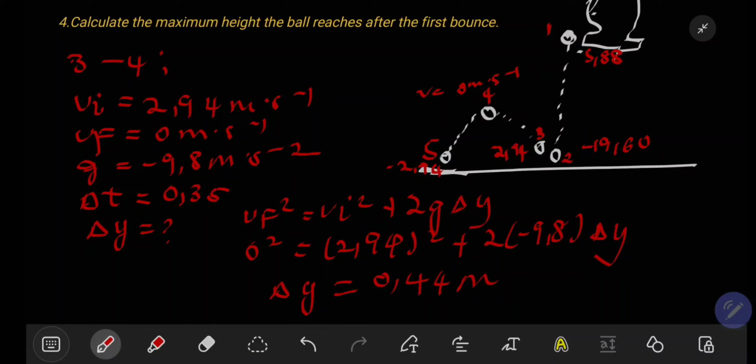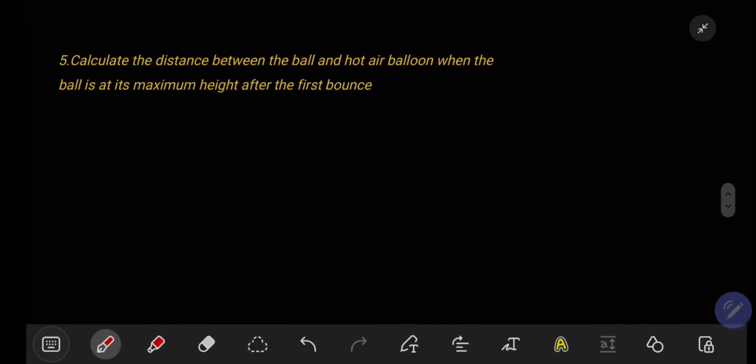Even if you use the formula change in displacement equals Vi times change in time, we'll get the same answer. So this is the maximum height reached by the ball after the first bounce. All right, so let's move to the next question. They say calculate the distance between the ball and the hot air balloon when the ball is at its maximum height after the first bounce.